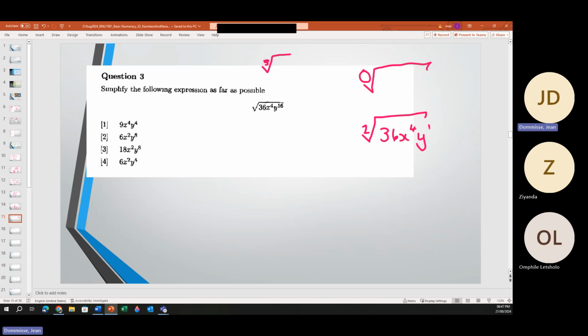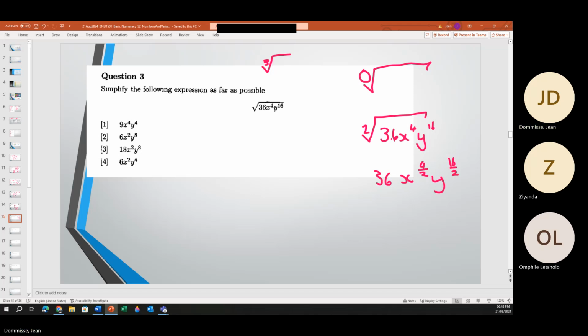So what that means is, if we look at it from this point of view, what we can do is divide everything inside by 2. Okay, so we can rewrite that then as x to the power 4 over 2 and y to the power 16 over 2.